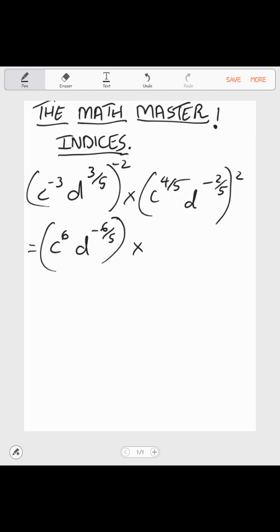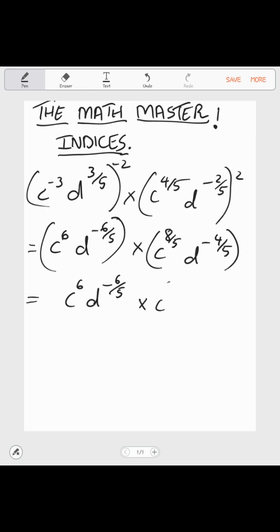I feel satisfied, I don't know why. So C power 4 over 5 into 2 is 4 into 2 is 8 over 5, and D power minus 2 into 2, which becomes minus 4, so minus 4 over 5. Now we can open the brackets and write this like this.